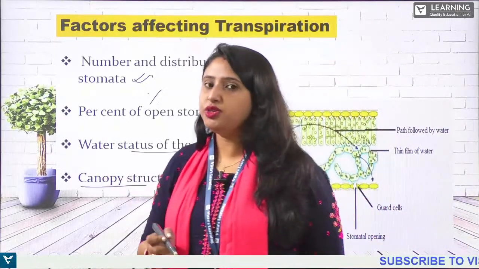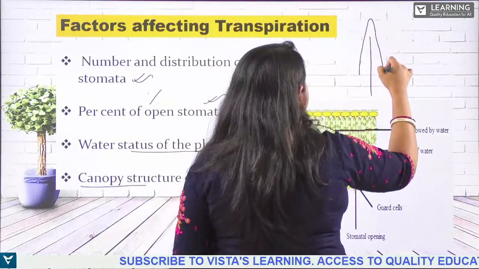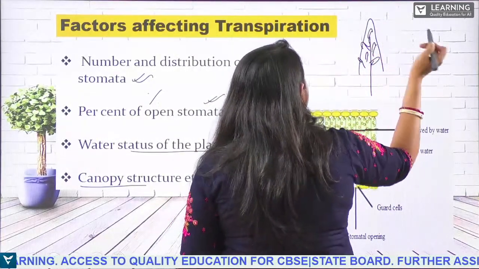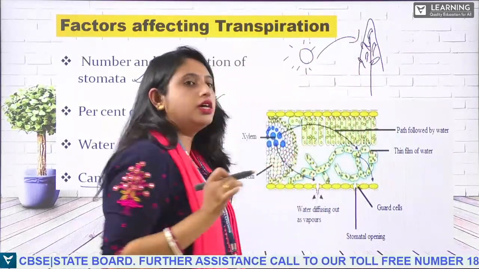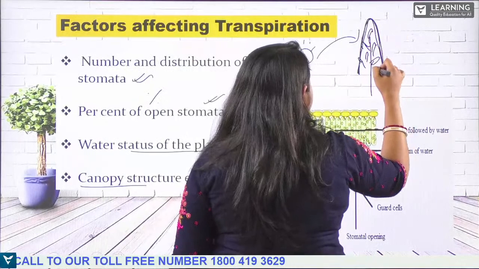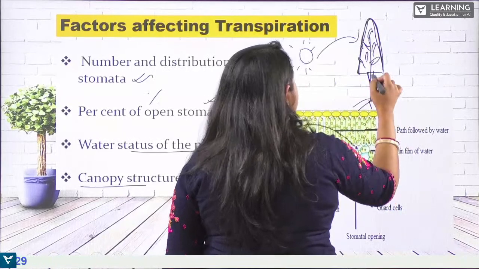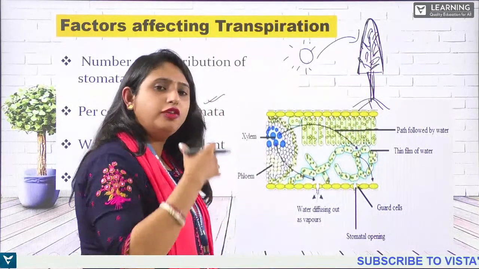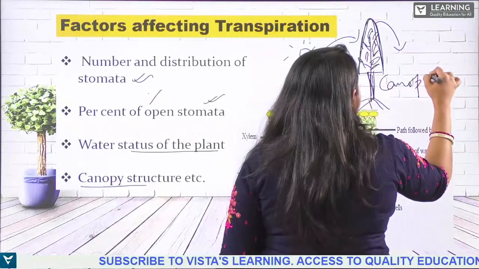What do you mean by this canopy structure? Now see, you have seen that in some of the trees the leaves are hidden. When the leaves are hidden, they will not face the sunlight, isn't it? You have seen that some trees are arranged in that manner, where the leaves are hidden inside, forming a structure that is known as canopy structure.